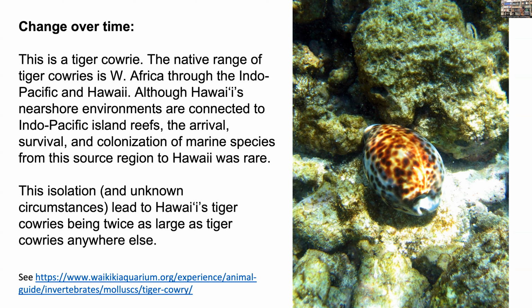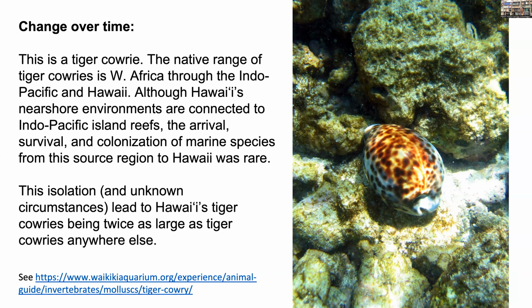Why is that? Well, we don't know. But this gigantism is one of those factors of when the tiger cowries rode those currents over, they couldn't continue to breed or exchange genetics with that source population. There weren't new genetics coming in. That's how infrequent it was.